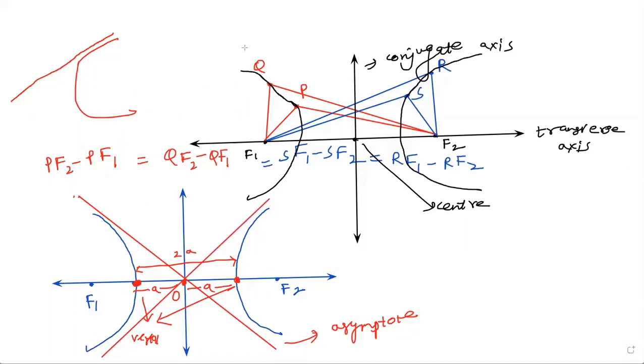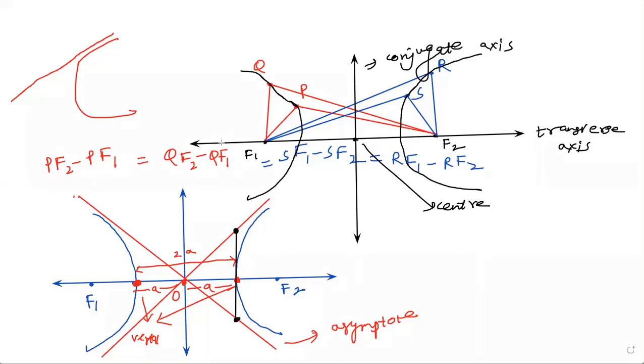Now, once we are clear with the asymptotes, obviously, if we take a line which will pass through any one of the vertices and perpendicular to the transverse axis, then this perpendicular line will touch the asymptotes here and in the lower side here, right?